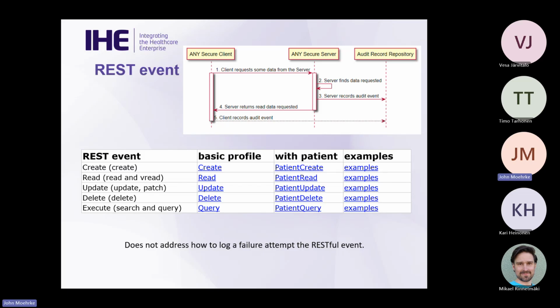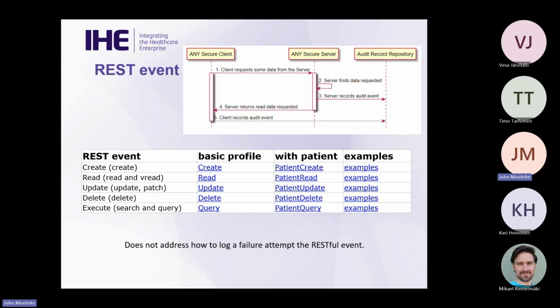You then see a table there, and this table comes right out of the spec. What I want to explain with the table is how to read it. The rows are clearly the RESTful interactions: create, read, update, delete, and execute or search or query. The second column is the basic profile, and that is a profile where the object that you're interacting with has no patient data. So maybe it's a create of an organization resource, or a create of a provenance resource.